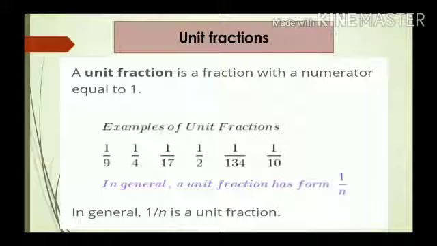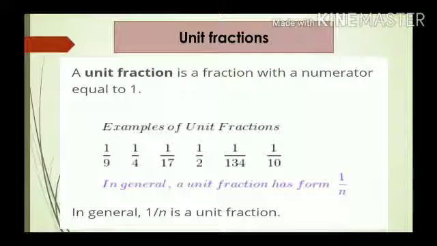Now, what is a unit fraction? A unit fraction is a fraction with the numerator equal to 1. Examples: 1 upon 9, 1 upon 4, 1 upon 17, 1 upon 2, 1 upon 134, 1 upon 10.